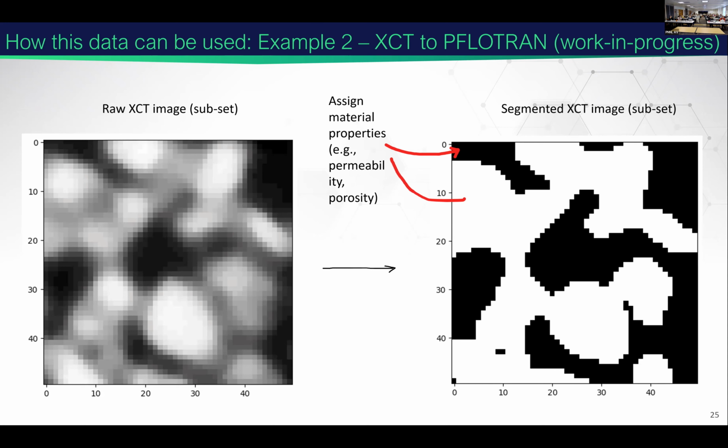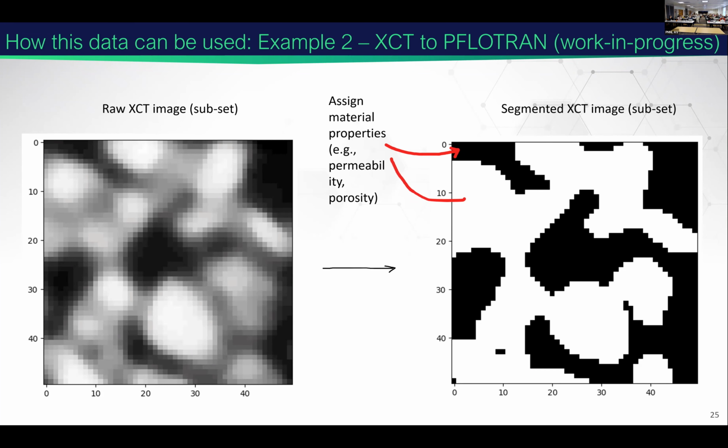If you do an experiment on this small subvolume, you can see a nice flow connectivity from the left hand side to the right hand side. In a modeling approach, we assign material properties, saying pores have a high porosity and the black ones have very low porosity.